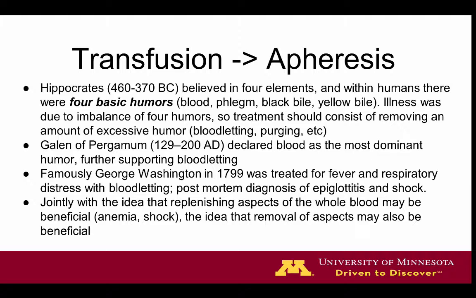So these 4 basic humors were the idea of what made up your body. And illnesses are due to an imbalance of these 4 humors. So treatment should consist of removing the excess offending agent through either bloodletting, purging, and so on and so forth.